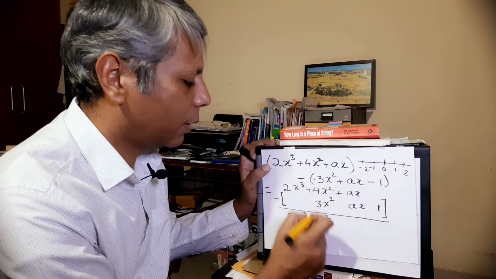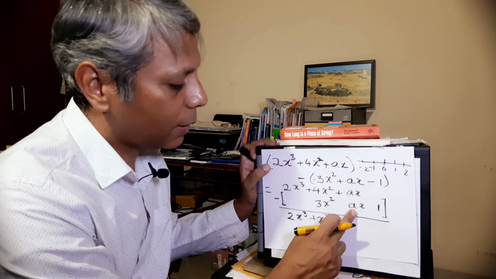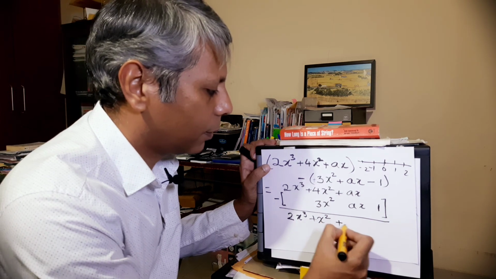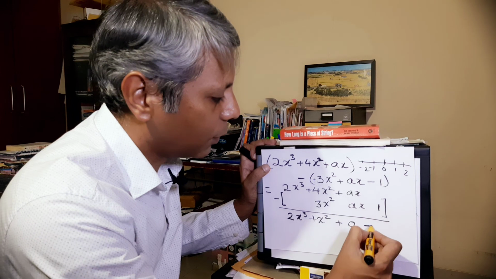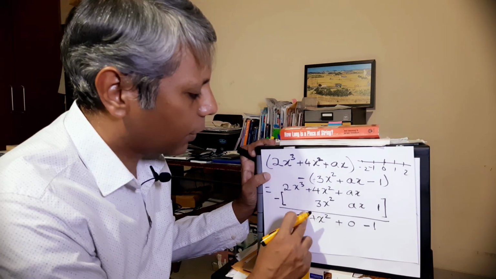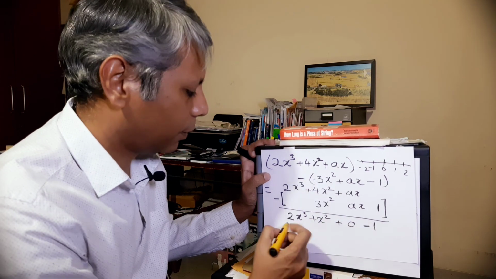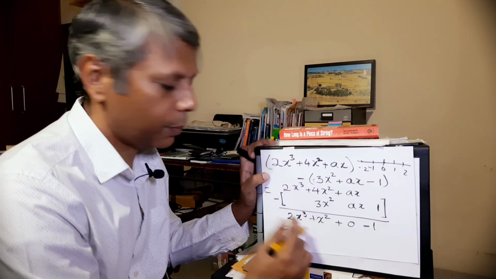And what is the sign there? It is plus. And ax minus ax is 0. And there's nothing here, and a minus 1 is minus 1. So you have 2x cubed plus x squared minus 1. Sorry, 2x cubed.